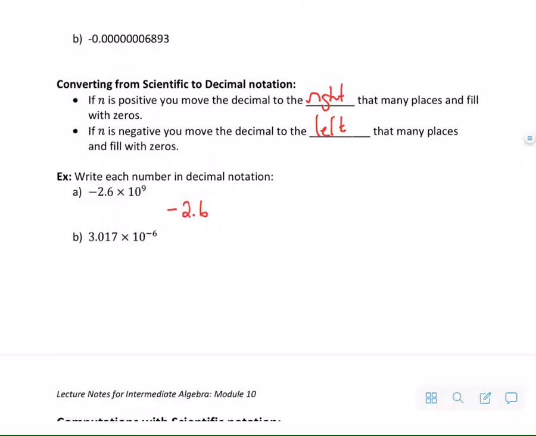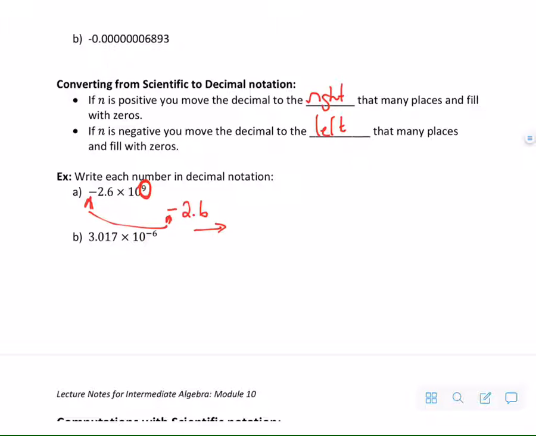Now I've got to move it either left or right. Since the exponent is positive, I'm going to move it to the right. Don't pay attention to the negative; that just stays out front. It's the power that tells you which direction to move the decimal.